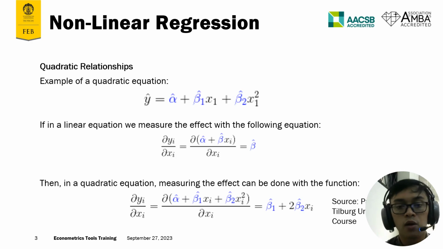First of all, I will tell you about nonlinear regression. Nonlinear regression is where you tend to see a nonlinear relationship between two variables. Maybe some of you start asking, is it possible to use OLS for nonlinear regression?